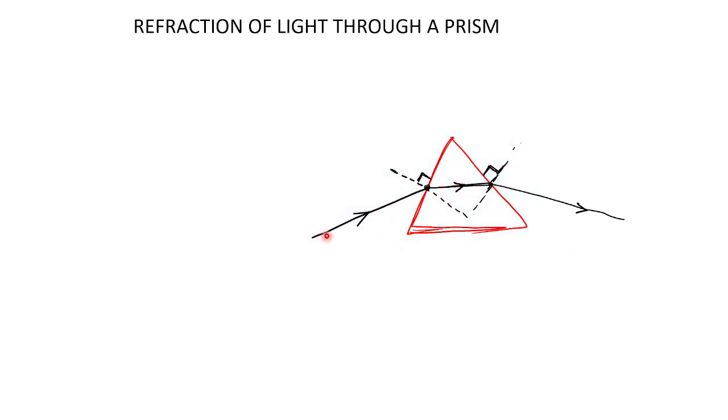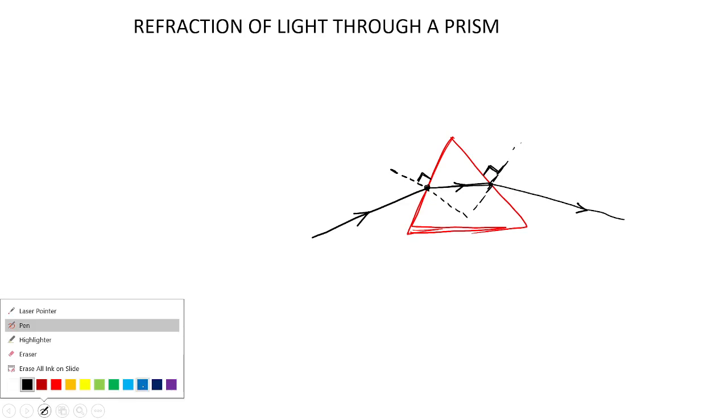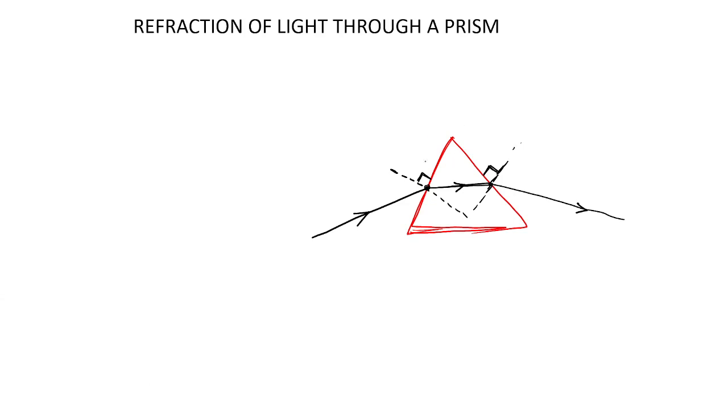You understood why they are deviating, because of the refraction. So listen, if the prism was not there, this incoming light, the initial ray, is supposed to move in this direction. You agree with me?